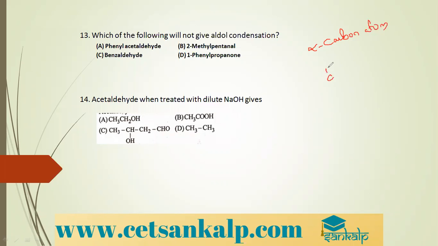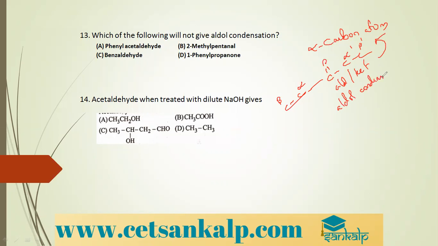If you have an aldehyde or a ketone, this is the carbonyl carbon. The adjacent carbons become alpha carbons, alpha and alpha prime. The carbons adjacent to alpha carbons become beta carbon atoms, beta, beta prime. So those aldehydes or ketones which possess alpha hydrogens only can undergo aldol condensation.